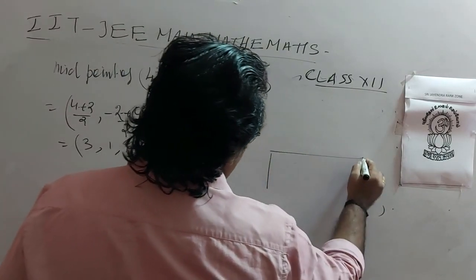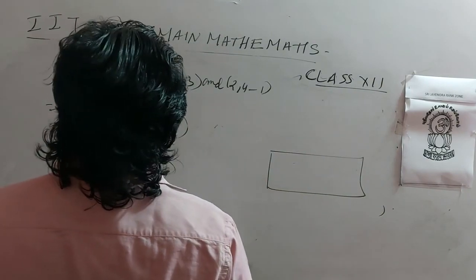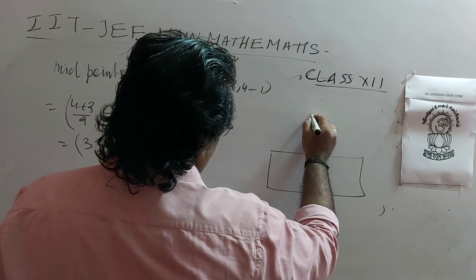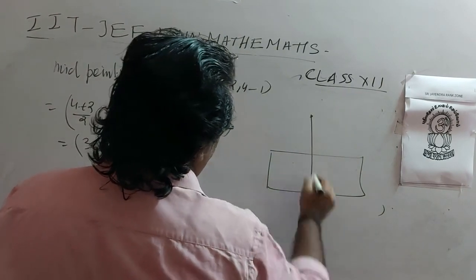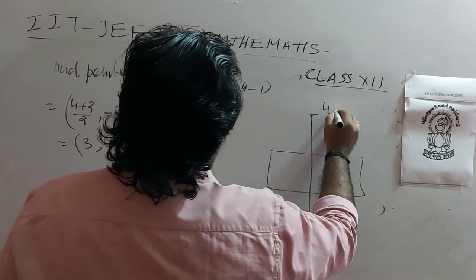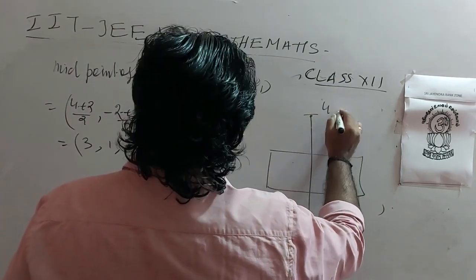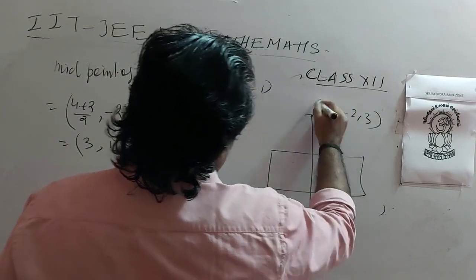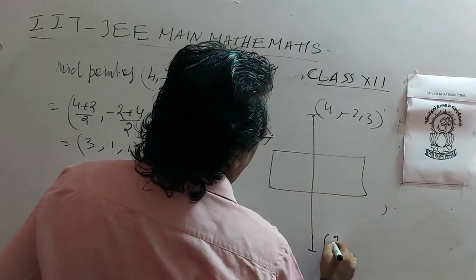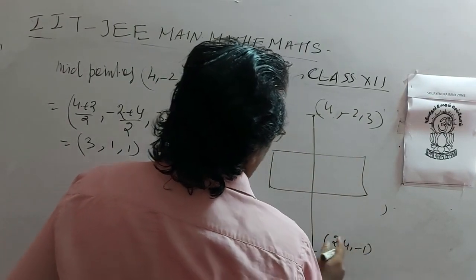So there is a plane which bisects the line joining points 4, -2, 3 and 2, 4, -1.